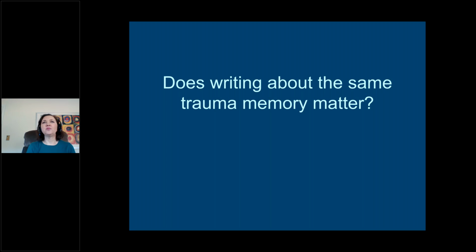So we took, again, people that had multiple criterion A events and had at least moderate PTSD symptom severity. And we randomly assigned them to one condition where they would write about the same trauma event each time, a second condition where they would write about different criterion A events each time, or a control writing condition.